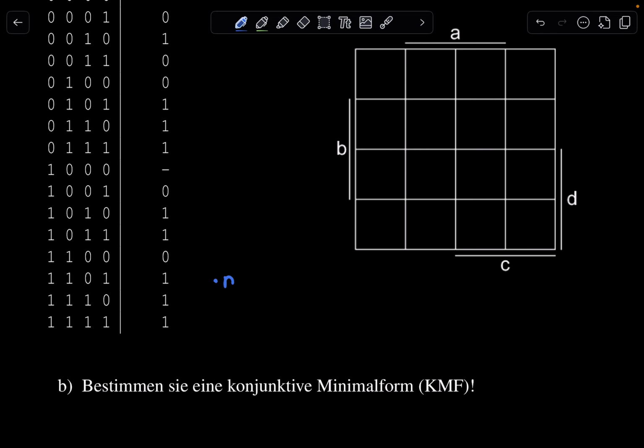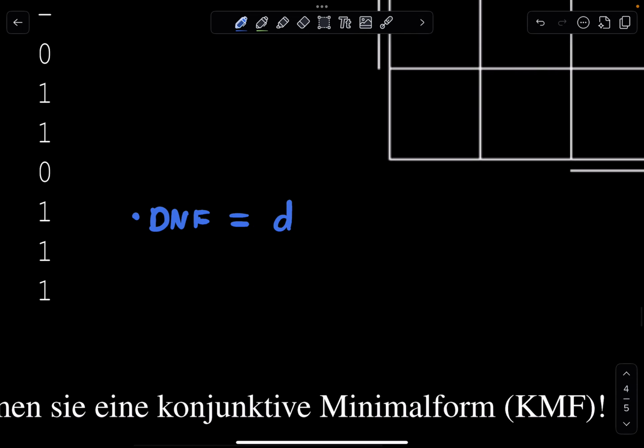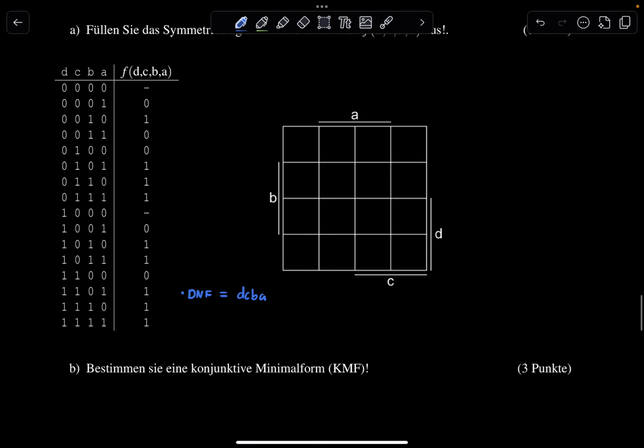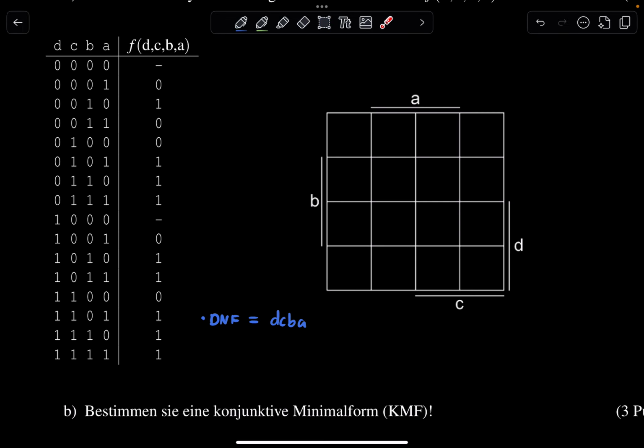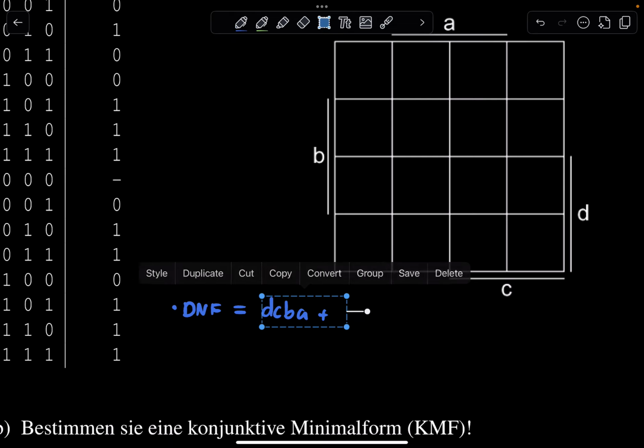So let's do the DNF, right? In this case, we're going to do DNF, which is going to be DCBA. How many 1s do we have? 1, 2, 3, 4, 5, 6, 7, 8, 9. So we're going to write 9 different DCBAs. Quite a lot of work, actually.